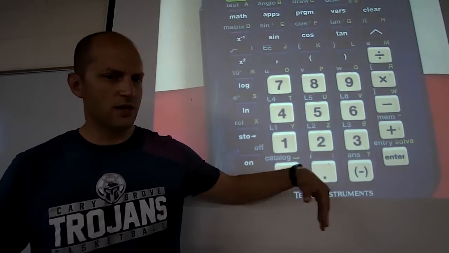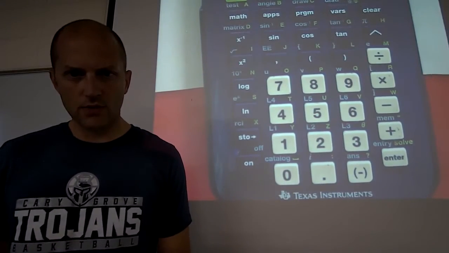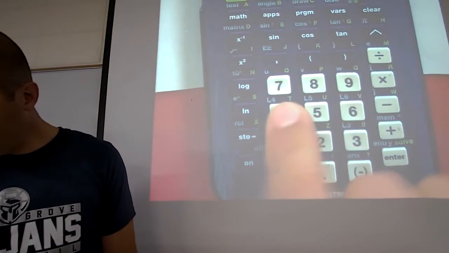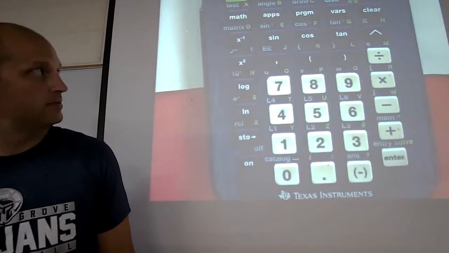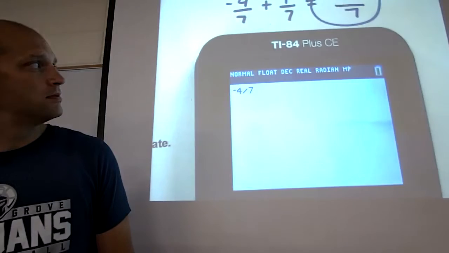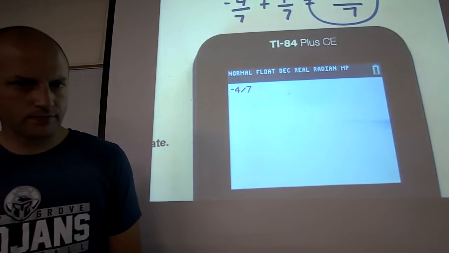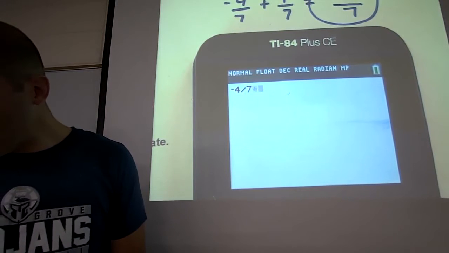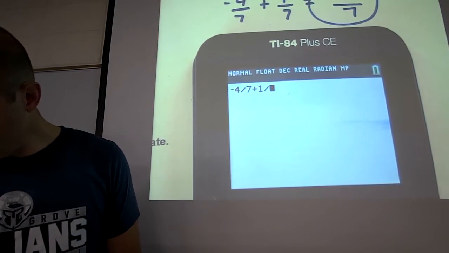Okay, so if I start with a negative number, that's where I'm going to start with the negative. So I have negative 4 divided by 7, and then I'm going to add 1 divided by 7.